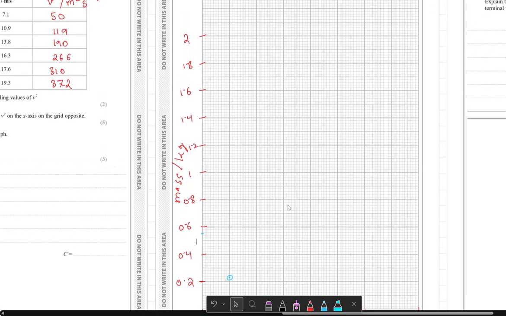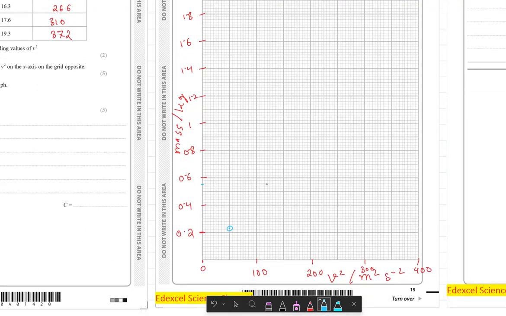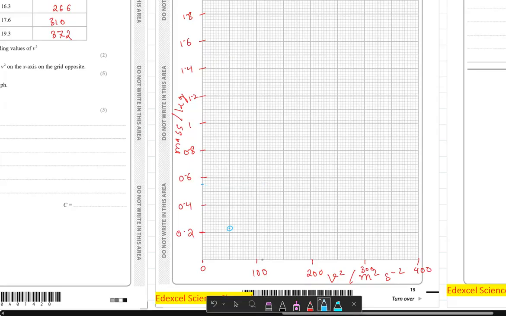And the corresponding value is 119. So 119 is going to be where? So 100, 110, and then 120. So basically somewhere over here.